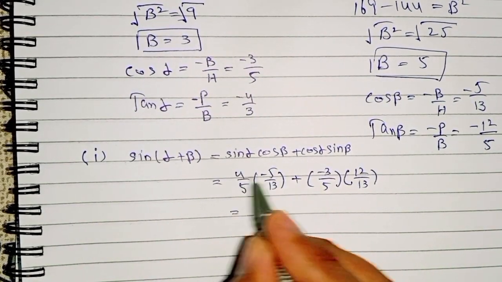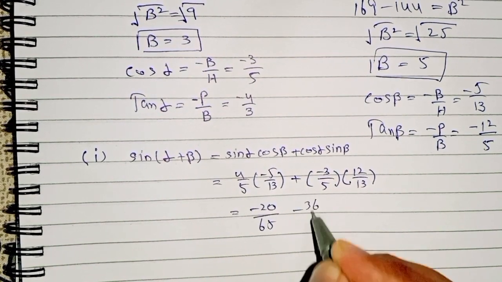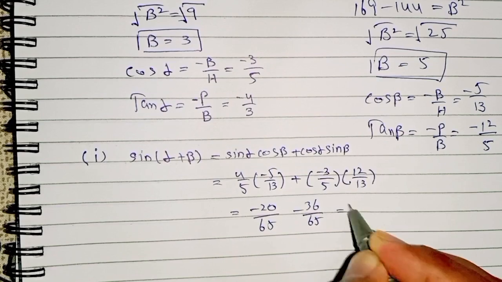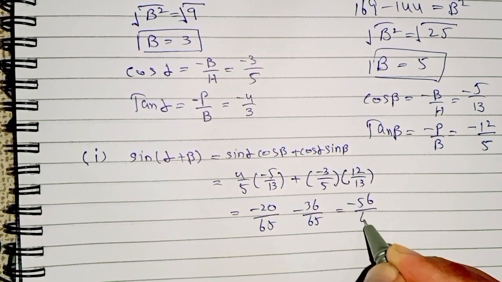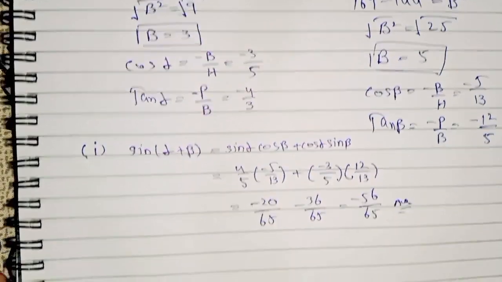Simplifying these fractions, minus 20 over 65 plus minus 36 over 65, which is equal to minus 56 over 65, which is the required answer for sine of alpha plus beta.